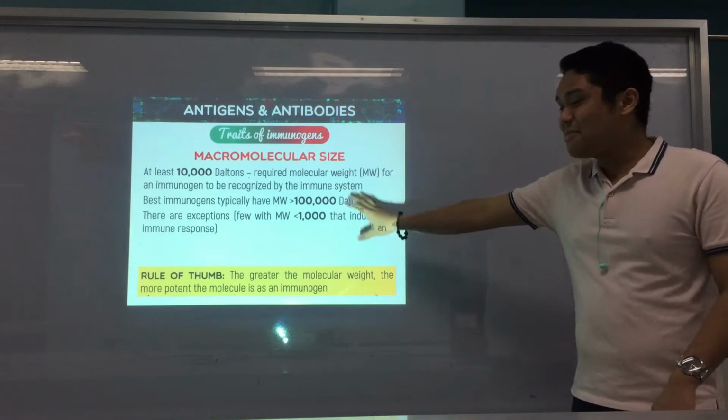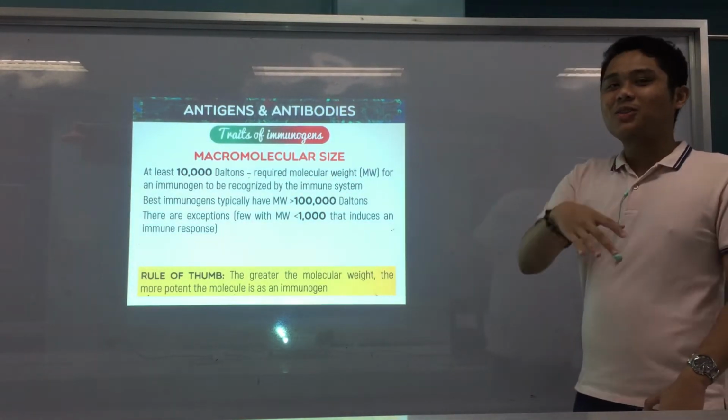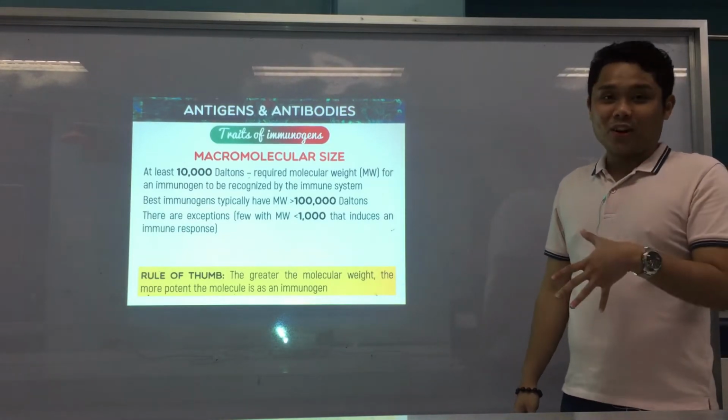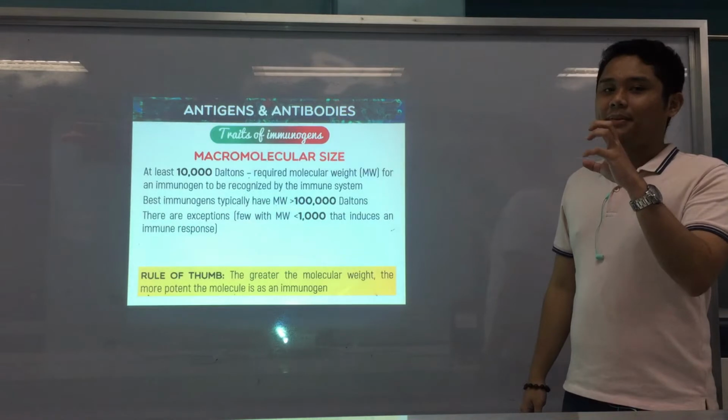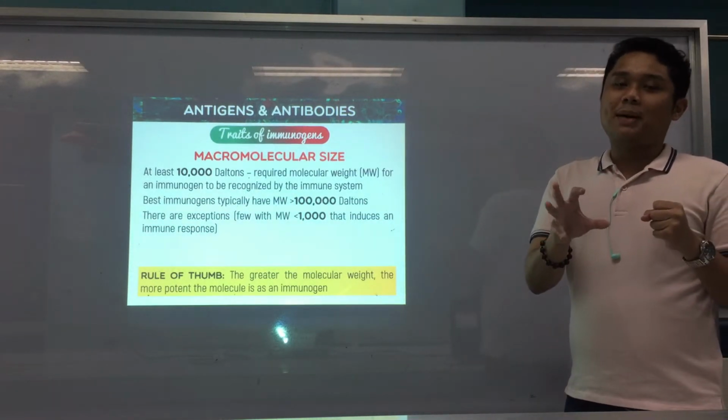So same here in immunogens. Immunogens, of course, the bigger the better, because again, it is more easily recognized by the immune system, hence a greater immune response is produced.